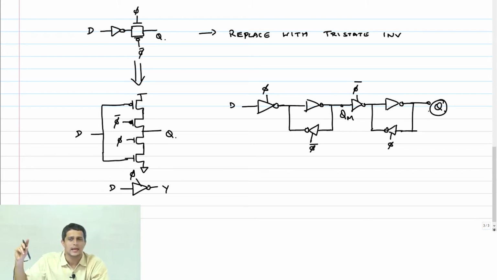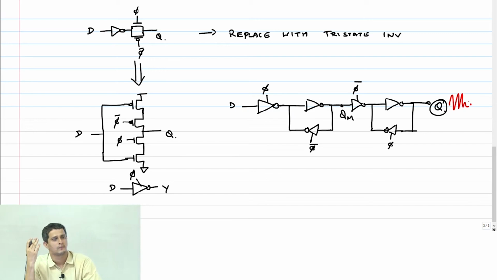And suppose there is a large noise on the output, then this feedback path can potentially get affected. Because remember, this is now trying to hold some data in a feedback mode, and if the noise is large enough it could flip it. Then the state of that flop can potentially flip, right?